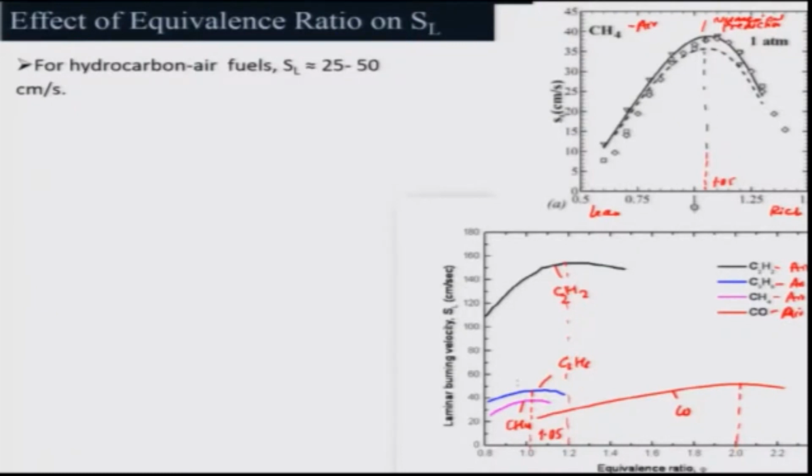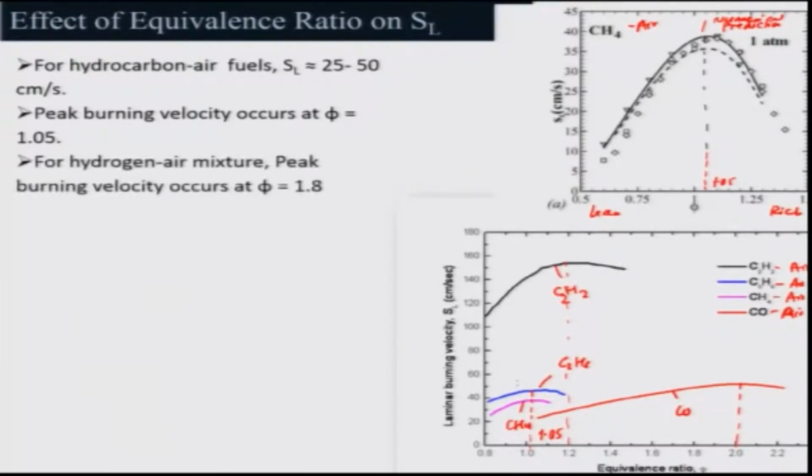For the unsaturated hydrocarbon air, the peak laminar burning velocity occurs at equivalence ratio 1.05, and for hydrogen air mixture, which is not shown here, the peak laminar burning velocity occurs at equivalence ratio 1.8.